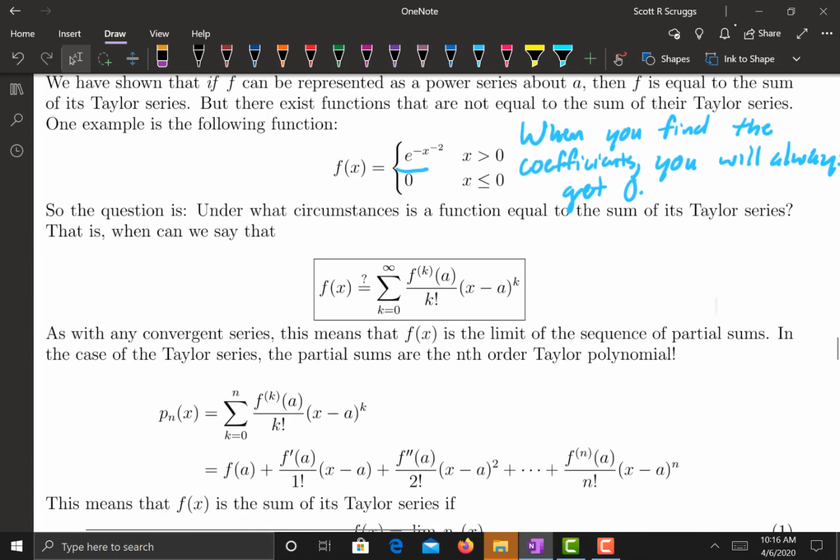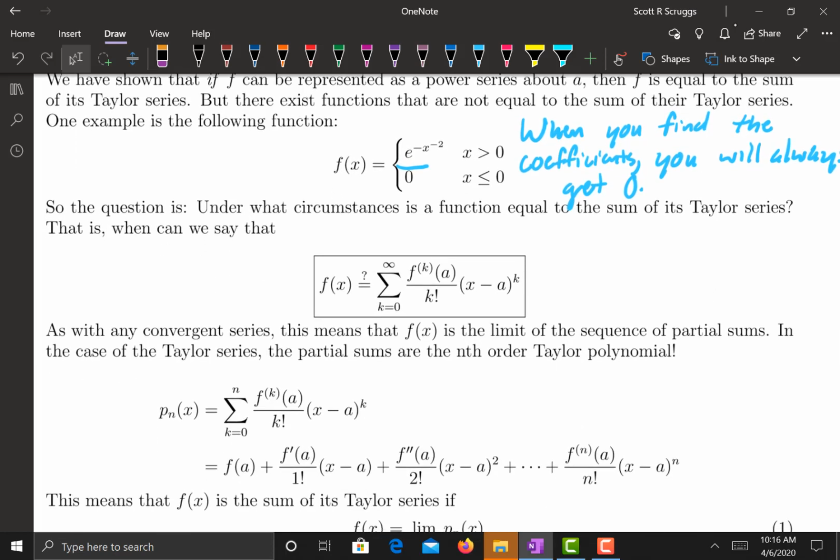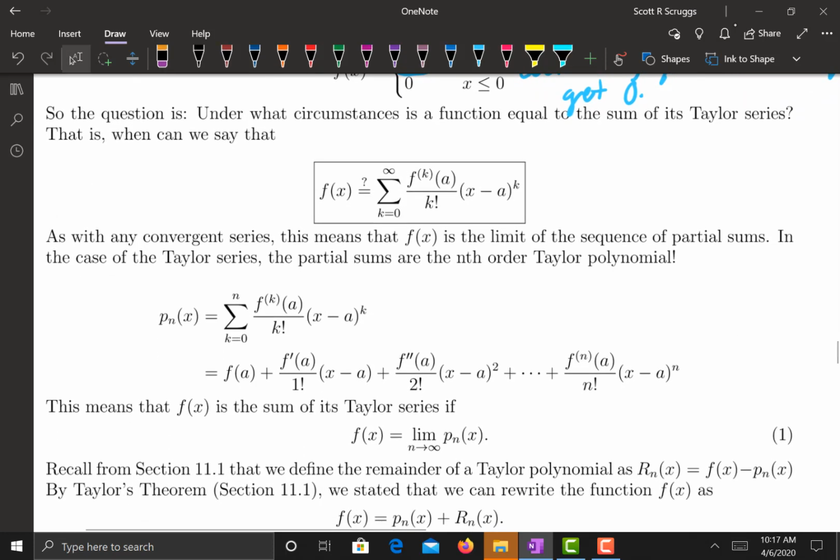So the next part of this section is, under what circumstance can I make the following claim that the function f of x equals its corresponding Taylor series? And here's going to be my way of tackling it. With any convergent series, remember that a convergent series, by definition, and this is the definition that we had a long time ago, is a limit of a sequence of partial sums.